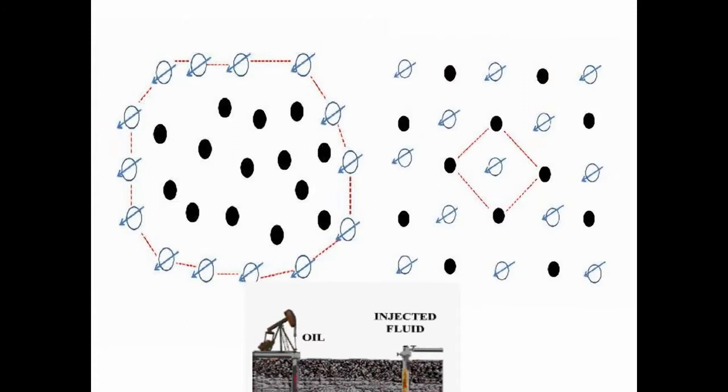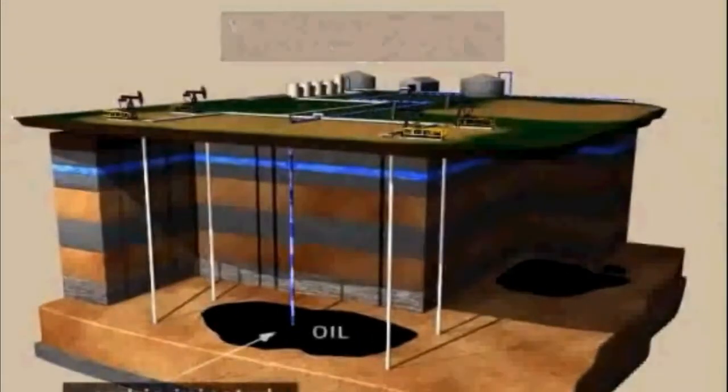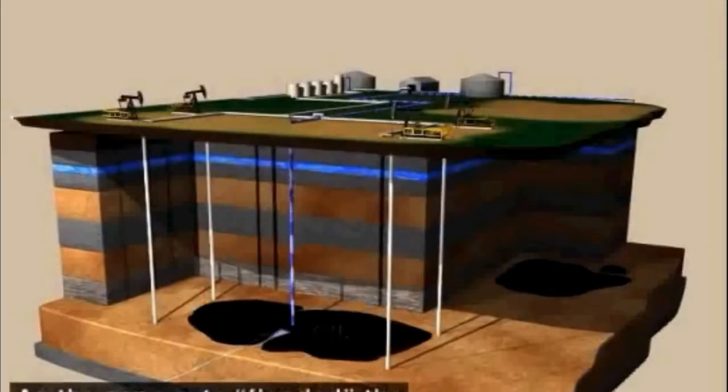In this illustration, we see 4 producing wells and 1 injector well in the middle. Keep in mind that an injector well can be an old producing well, or it can be a recently drilled one that acts as an injector well. The water injected from the injector well in the middle pushes the oil to the 4 producers.